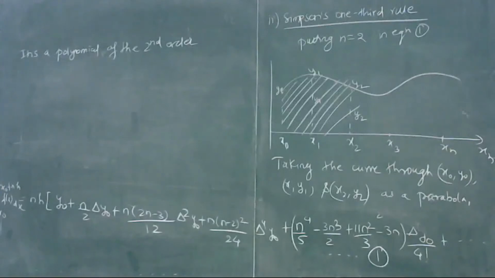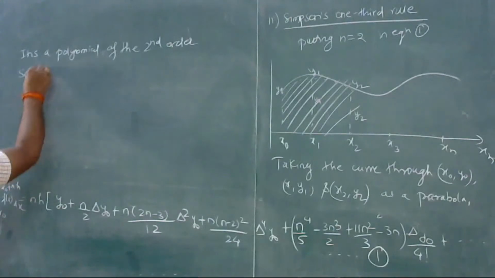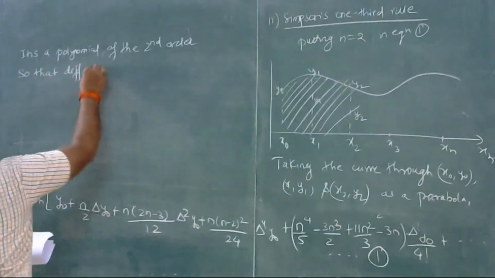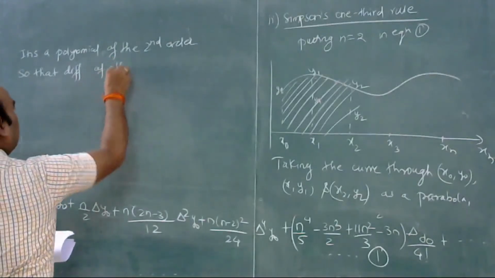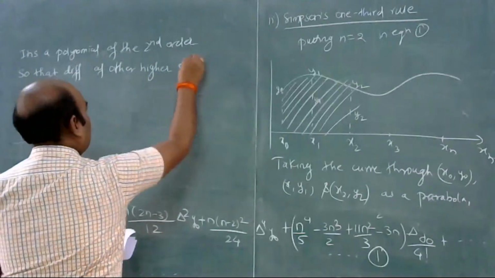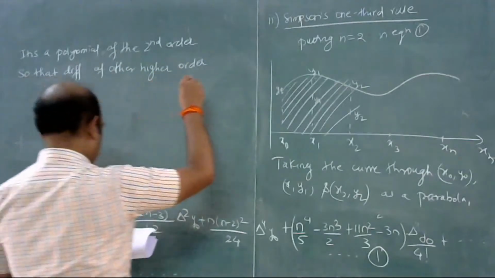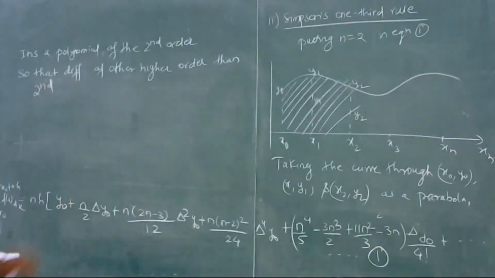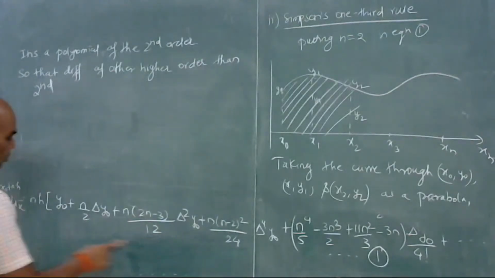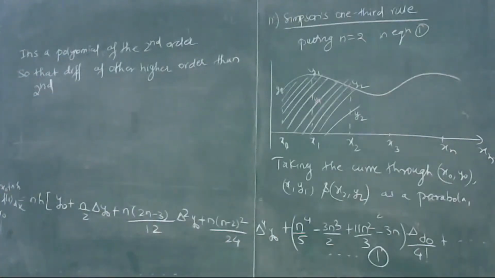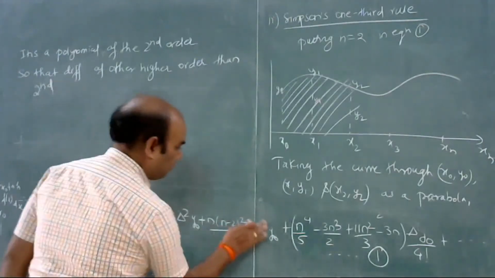So the differences of higher order than second will become 0. Okay, so this is the second difference, and the higher order differences will become 0.